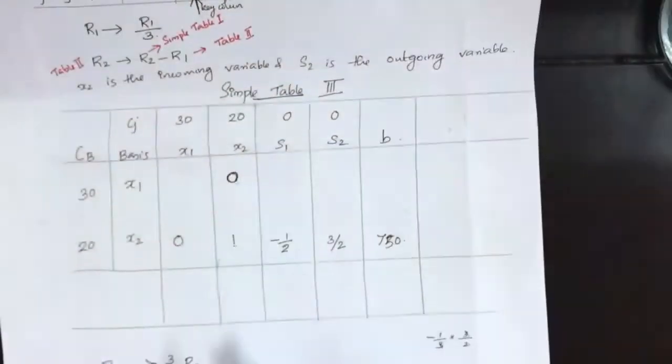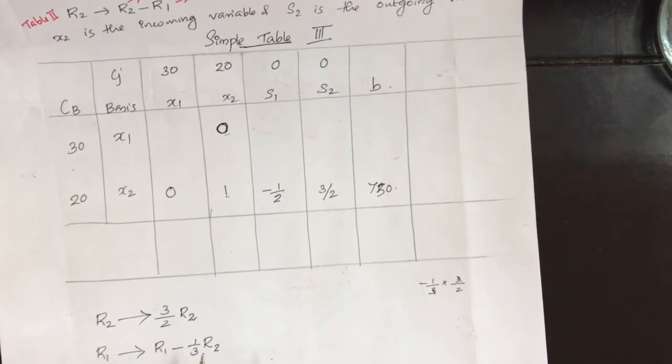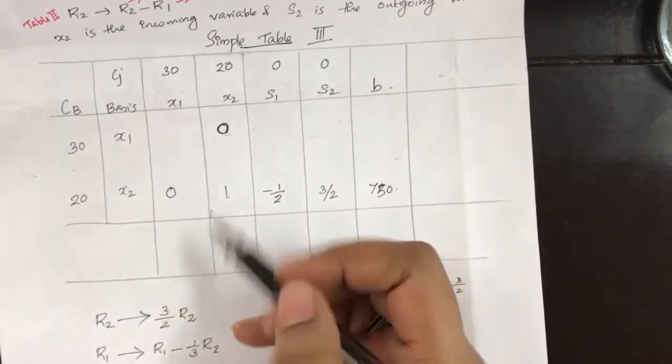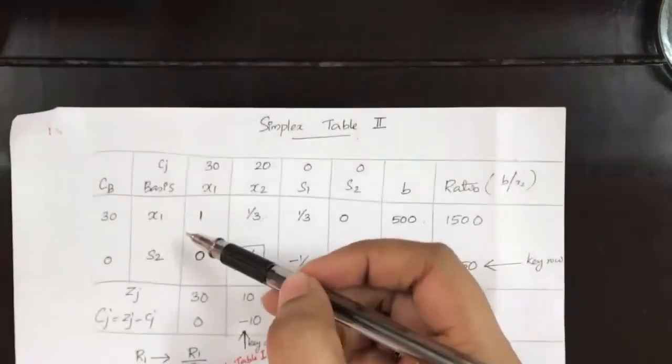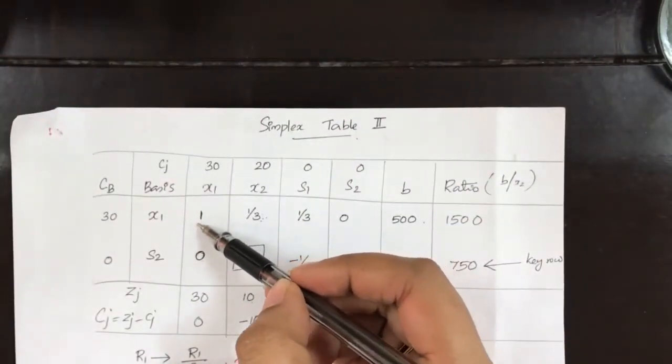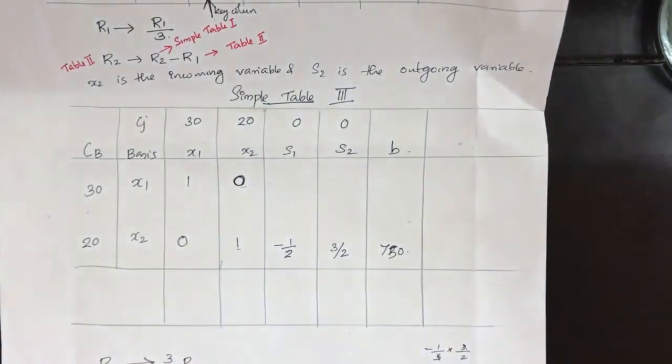Okay. So R1 changes to R1 minus 1 by 3 R2. So the values will be, sorry, 1 minus 1 by 3 into 0, that is 1.